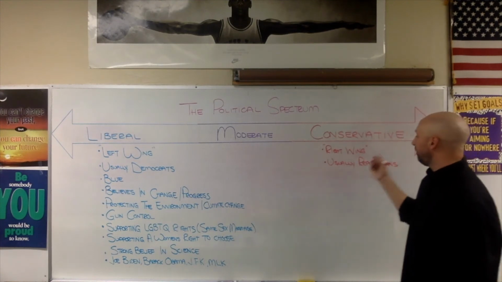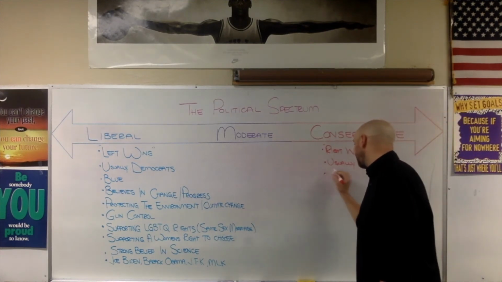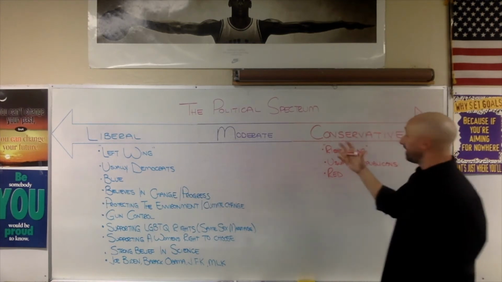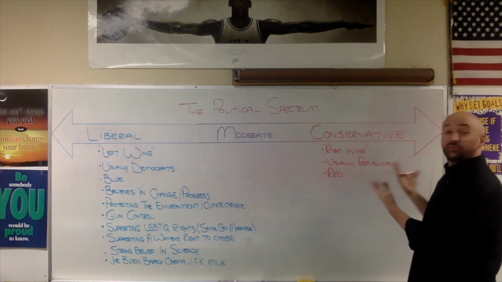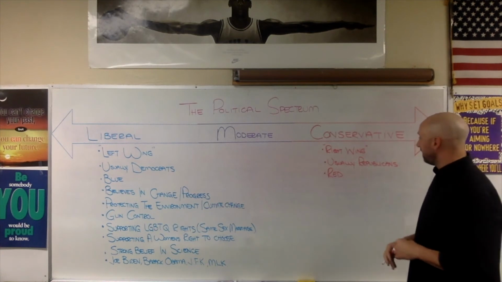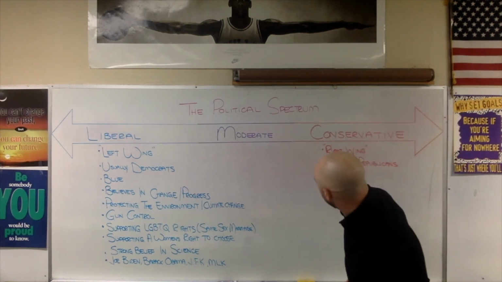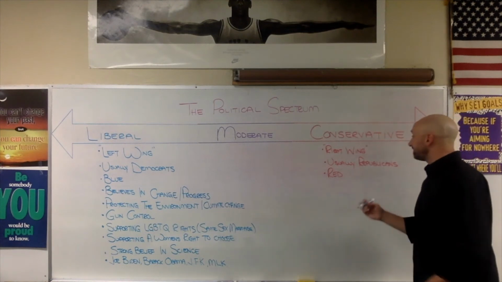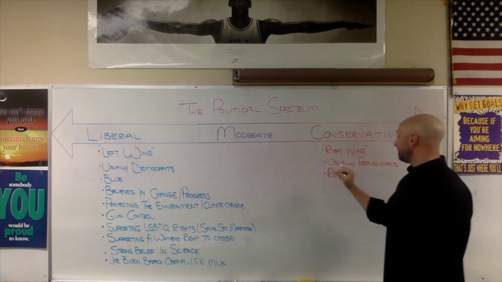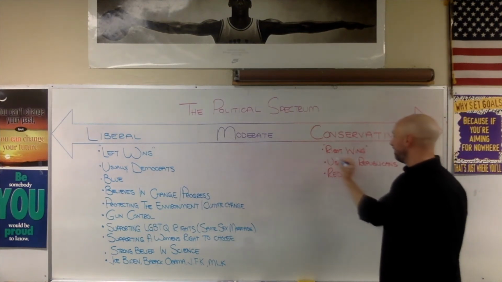Now, we know that this color wasn't by accident. The Republican Party and the conservative side are usually referred to as red. They're the red side. An easy way to remember this: for conservatives or Republicans, you see a lot of the same letters, right?